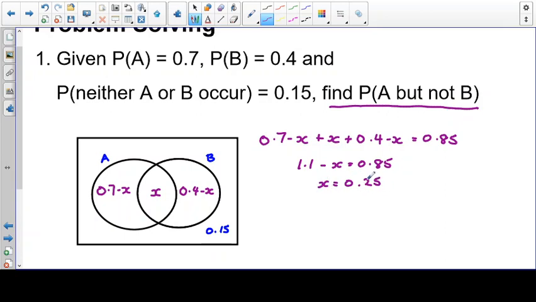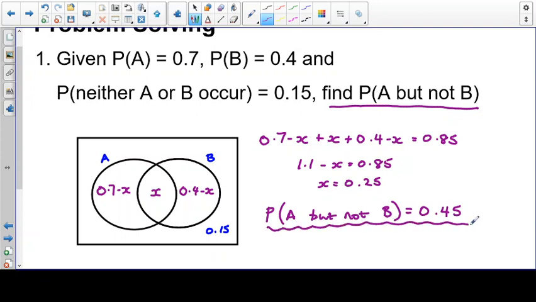If x is 0.25, the probability that A occurs but not B occurs is here, in this moon here. So the probability that A occurs but not B is going to be 0.7 minus the 0.25, which is 0.45. So that's the actual answer to the question.